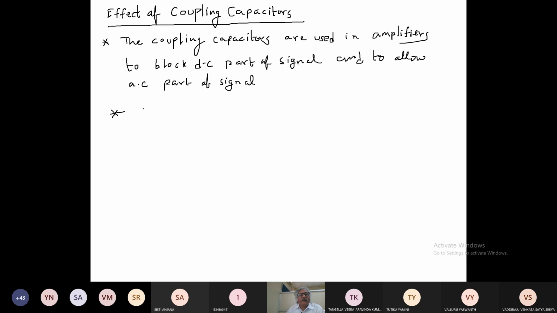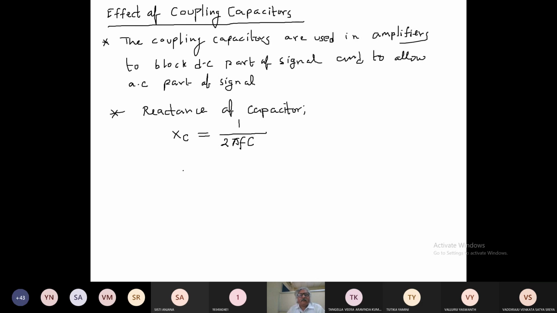Already we know that the reactance of a capacitor is given by Xc equal to 1 by 2 pi Fc, right?